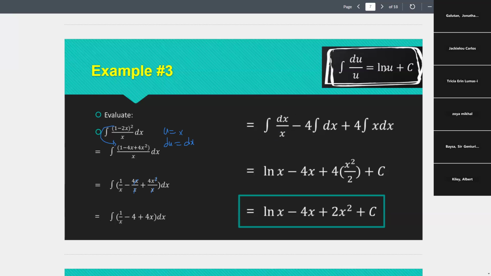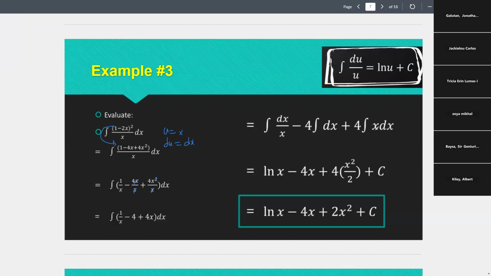Okay, so that is why we can use this one ln and then our u is x. So again, no need to add plus c for now since nasa unahan pa lang siya. Okay, so moving on to the next one, the integral of dx is just x. So multiply this x to your constant, that would give us negative 4x.